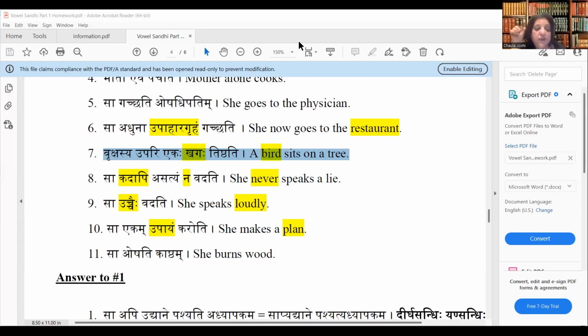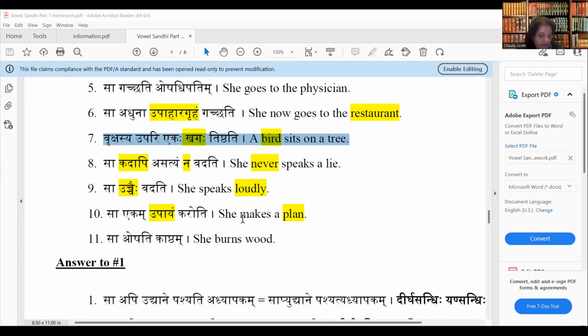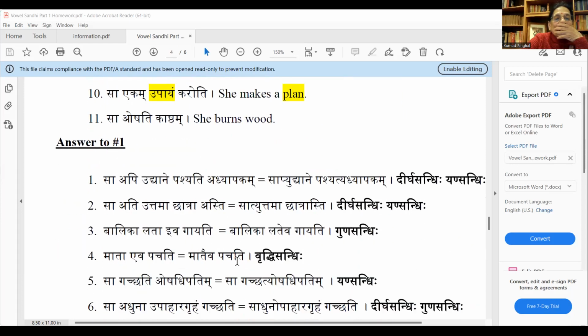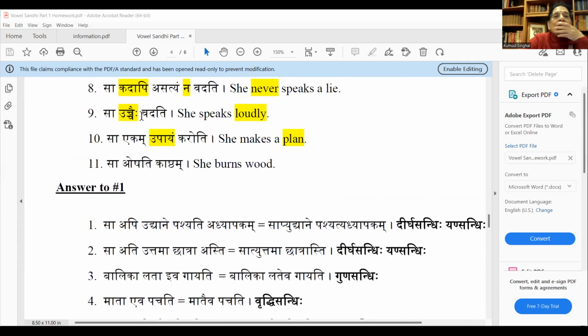I have just one thing. On the 9th, part 2, Sa Uchchehi Vadati. I have that sentence. So Sa, Sa Uchchai. Yes, sorry. So A and U is O. That I got it.